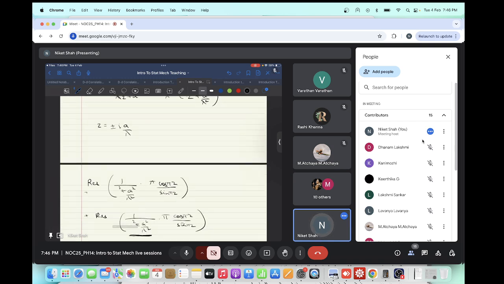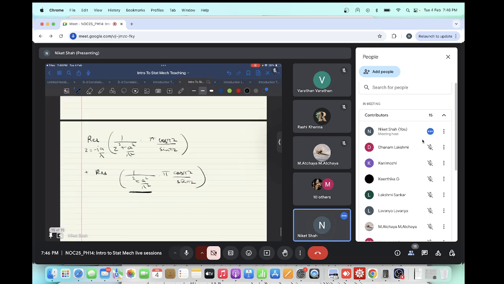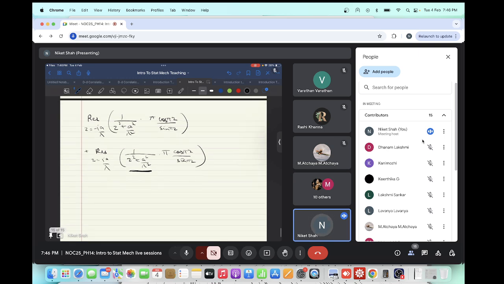So residue at z equal to minus I a by lambda, and z equal to I a by lambda, of z square plus a square by lambda square multiplied with this. These are the two poles at which I have to evaluate the residue. So let's go ahead and do this. The first one: I will remove z plus I a by lambda, that will go away.